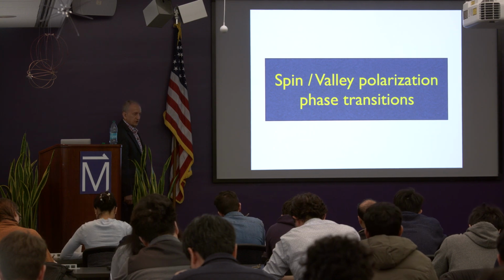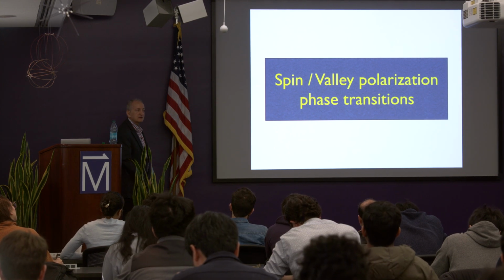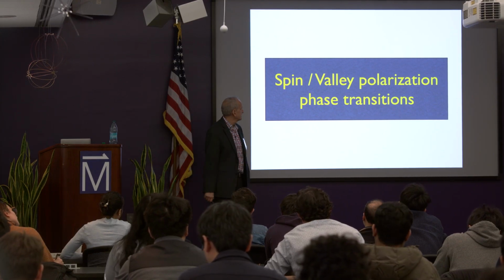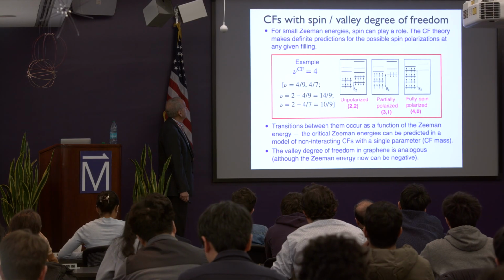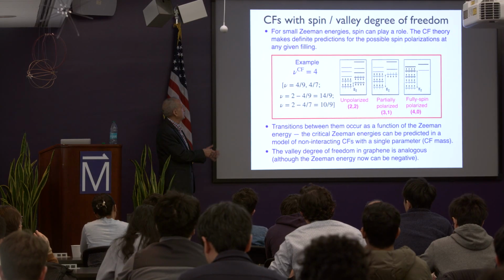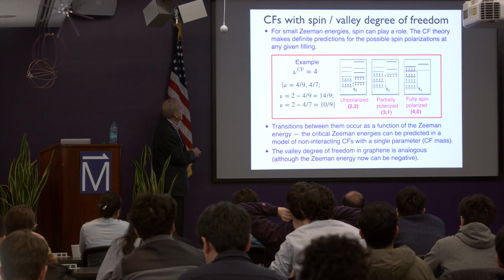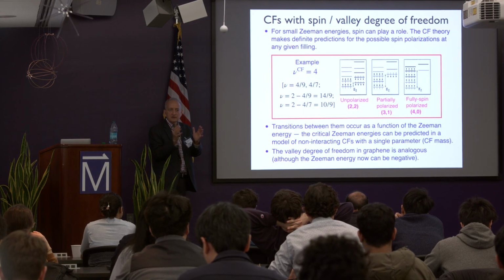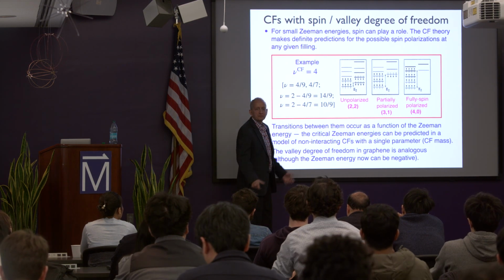Okay. So again, there was a question yesterday, what happens with composite fermions when electrons have several flavors like spin or valley degrees of freedom? So let me come to that. Again, we do exactly the same thing. We map the problem of electrons at filling factor, let's say 4/9, to composite fermions at filling factor 4. Okay. And then you say, let's say I have spin degree of freedom.